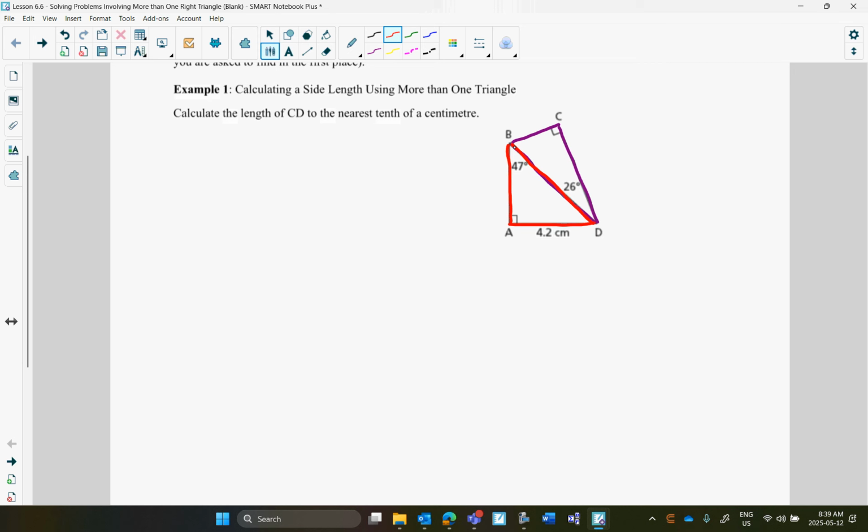Yeah, well, the hypotenuse of both, or BD, right? So if I can find BD using this, because I've got enough information in this, I can then do trig again to find the missing side CD, which I'm asked to find in the first place. So the first thing I need to do is find BD.